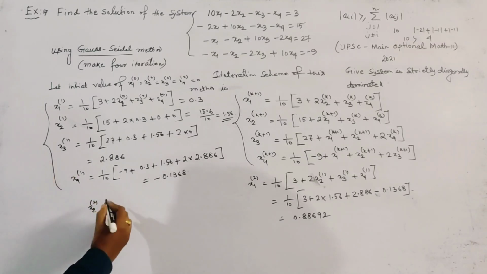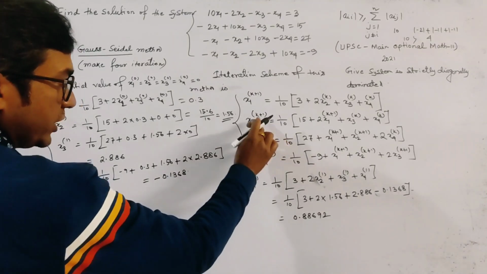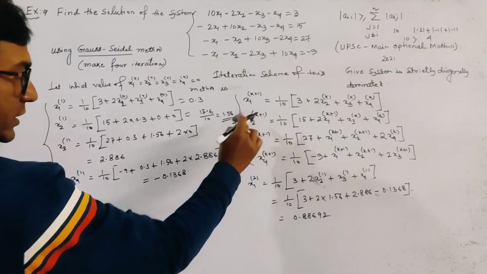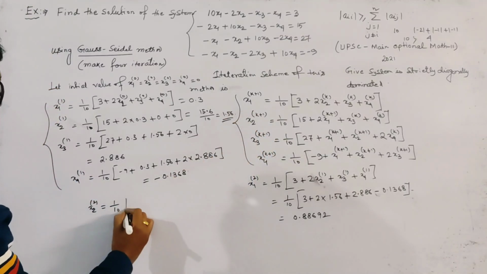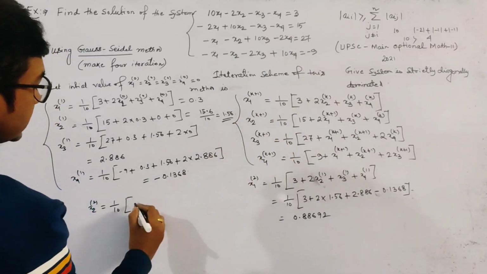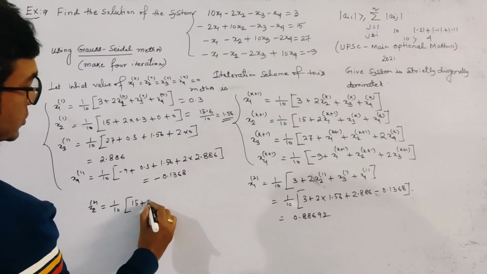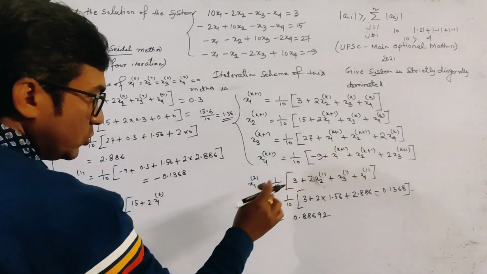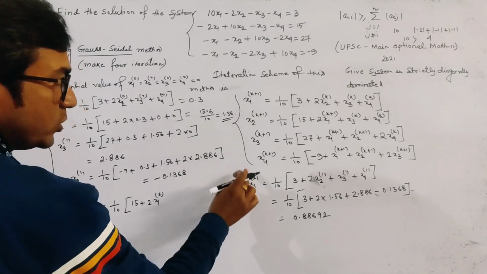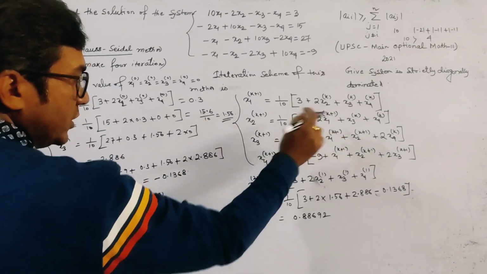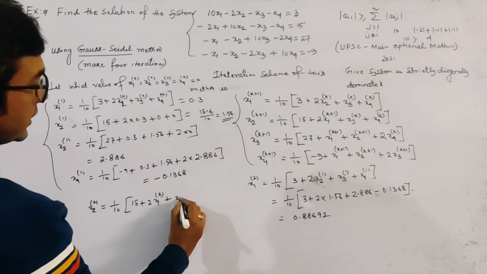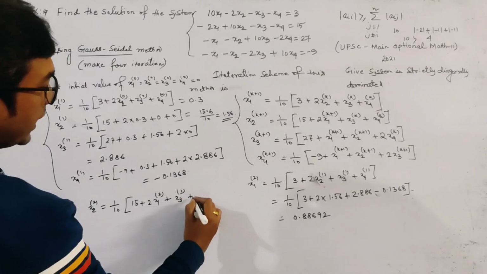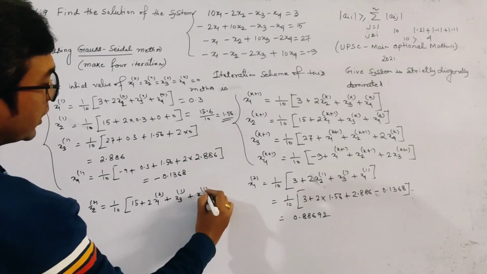Okay, and similarly we find the second approximation of x2. This is x2 2, which is given by, we put here k equal to 1. So this is 1 by 10 into 15 plus 2 into x1 2. We put here x1 2 because we already got x1 2, the second approximation of x1. And this is x3 1 and this is x4 1.